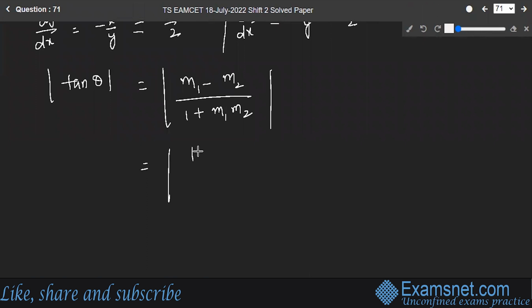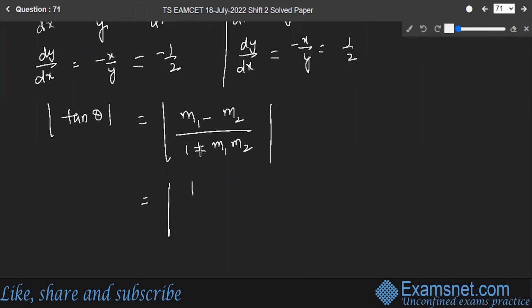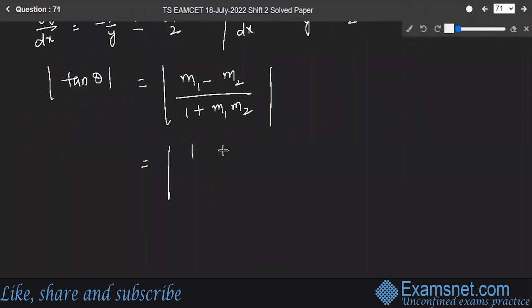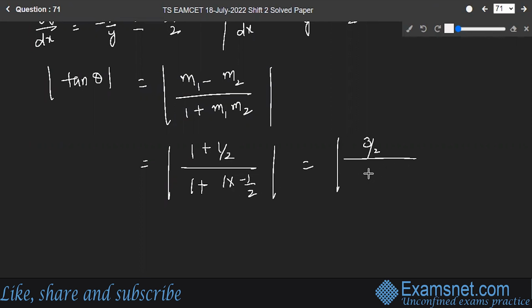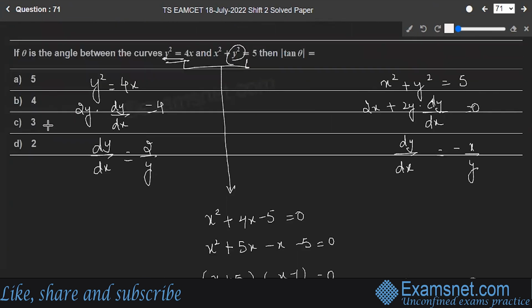So if I'm taking m1 as 1 and m2 as minus 1 by 2, this is going to give me plus 1 by 2 upon 1 plus 1 into minus 1 by 2. This is going to give me 3 by 2 upon 1 minus 1 by 2, that's 1 by 2 itself. So I'll get 3 as the answer. So mod of tangent of theta is option C.